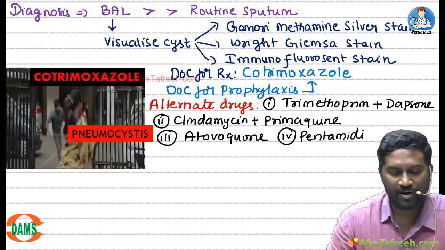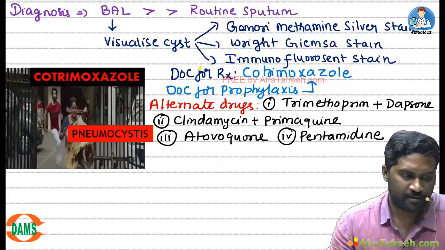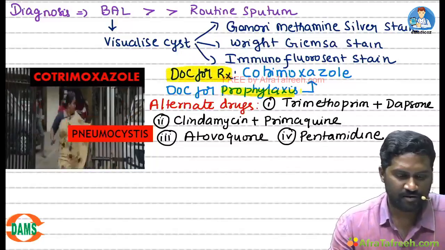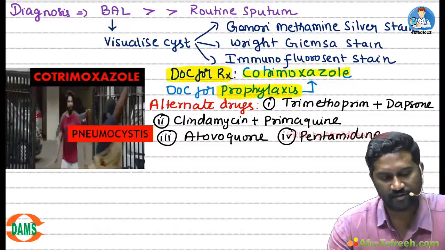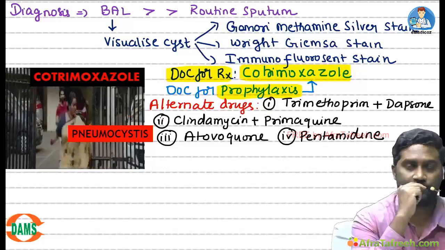These are all alternative drugs, but for all practical purposes, if you see Pneumocystis, the drug of choice for treatment and prophylaxis, the single best answer will be cotrimoxazole only.